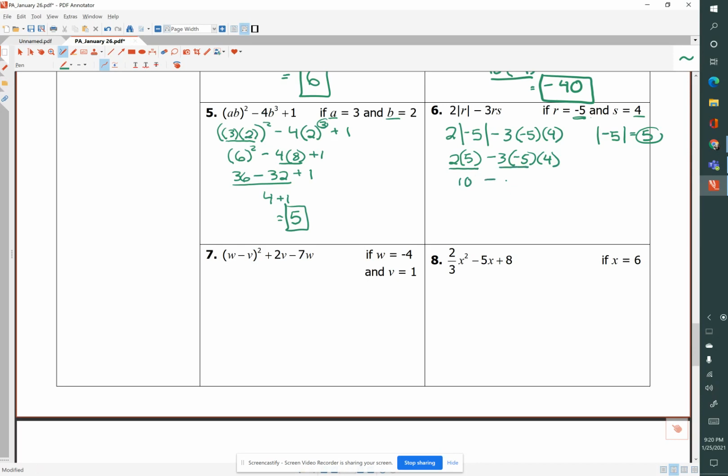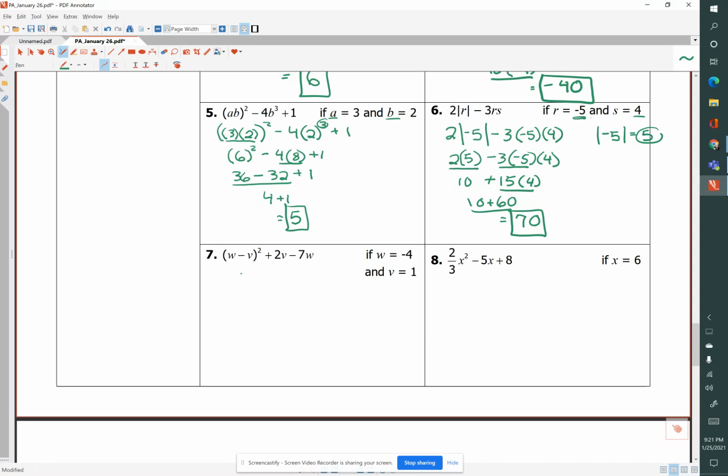We'll work from left to right. -3 times -5 is positive 15 times 4. And we have to do this multiplication. 10 plus 15 times 4, 60. 10 plus 60 equals 70.